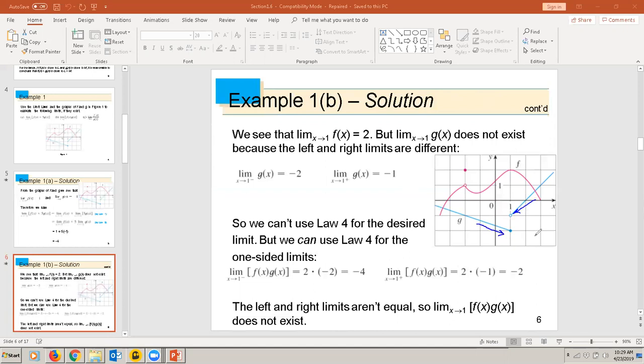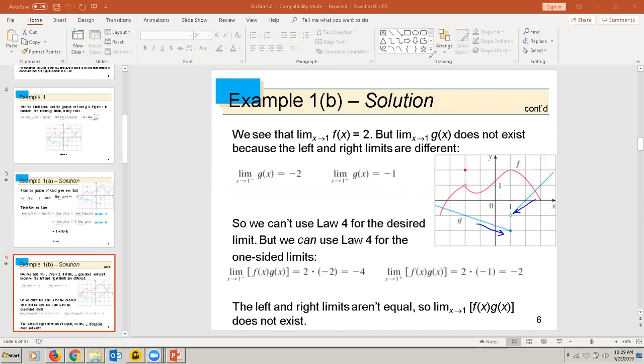But g of x here is not continuous. A continuous function, like a polynomial function, has no gaps or jumps like this g of x is showing. A polynomial function is one that you can always trace out with a pencil without ever needing to lift your pencil up off the paper.